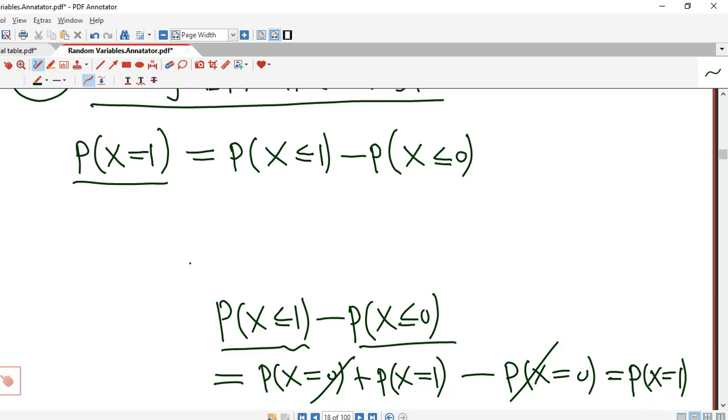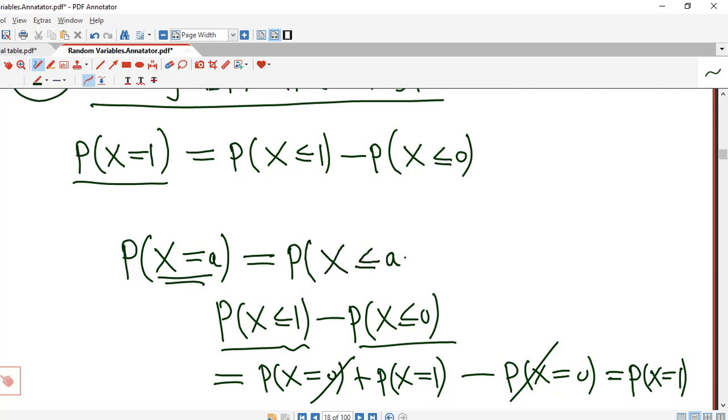So if our variable is a discrete random variable, and if random variable takes only discrete values, then we can always write this type of probability in this way: probability that X is less than or equal to a minus probability that X is less than or equal to a minus 1 if a is integer.